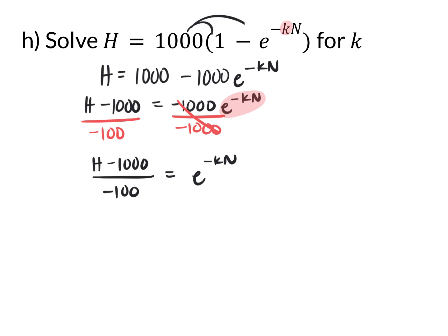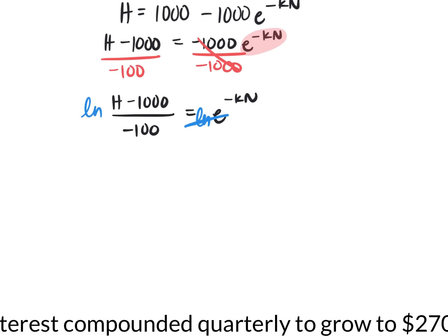Well, if I want that stuff in the exponent to get down, I need to take the natural log of both sides. This now becomes 1, and I'm left with the natural log of (h - 1,000) divided by negative 1,000 is equal to negative k times n.